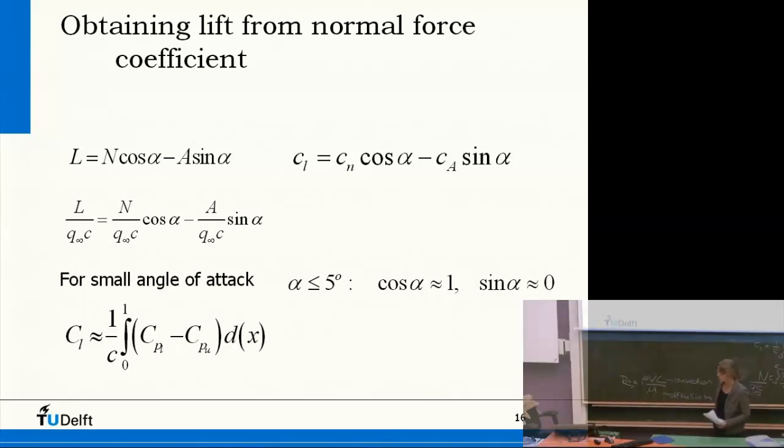That's the tangential force, so in the direction normal to N. Let's see, I'll draw it for you. We have V. Well, I make a bit higher angle of attack, sorry, because we don't see the difference otherwise.